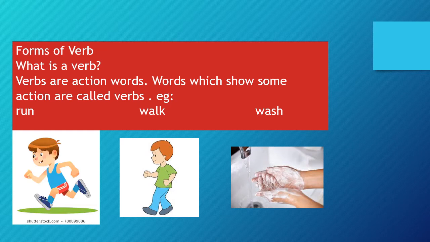So verbs are doing words or action words. You are quite well aware of the concept as you have already done it in the previous classes and in first term as well. So hope you understand it. What are you doing right now? You must be listening or reading. So verbs are action words.